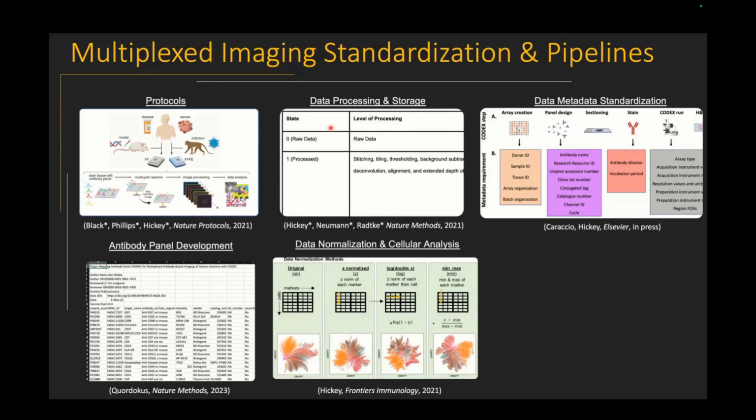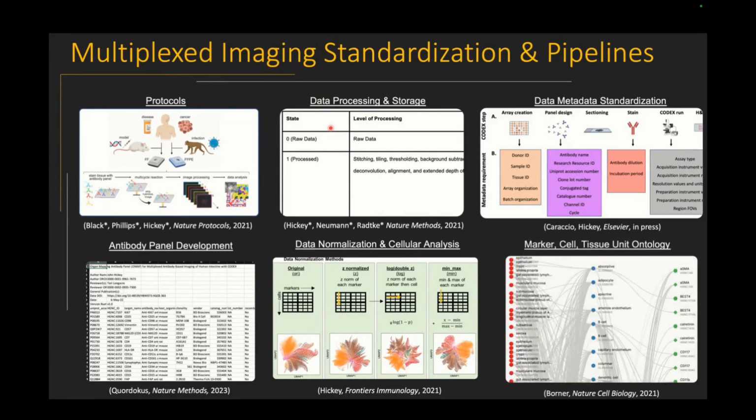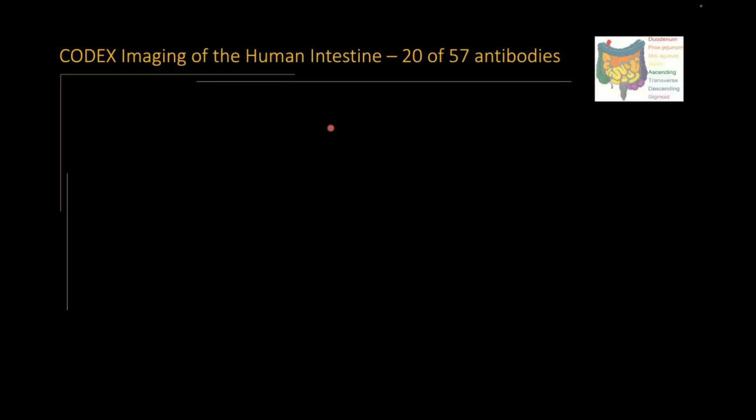Once you have the data, how do you think about quantification and normalization and identifying individual cell types? And how do you make this information more machine readable? I'm not going to talk a lot about these protocols, methods, or techniques today, but more the application of all of this as a foundation.